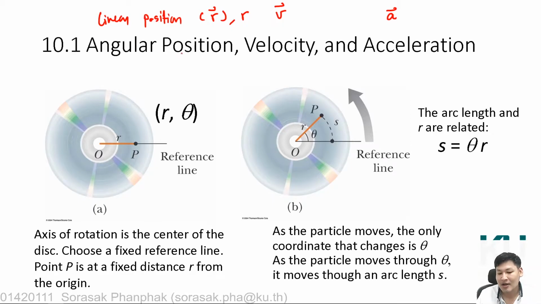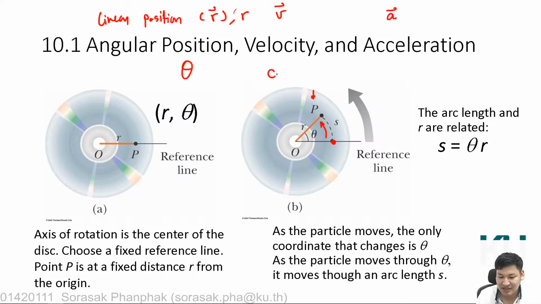But for angular position, we rather not use r. We are interested in how this particle, especially particle P, changes in terms of angle or this arc. So we define angular position as theta. That means the angle or arc that this particle P moves along.